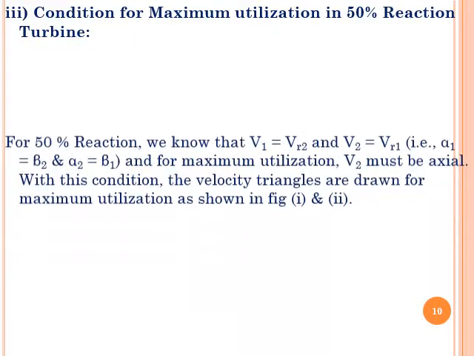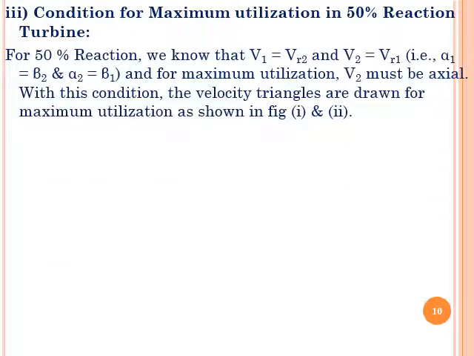Third one, the condition for maximum utilization in a 50% reaction turbine. For 50% reaction, we know that V1 is equal to VR2 and V2 is equal to VR1. So these are the conditions for a 50% reaction turbine. That means alpha 1 is equal to beta 2 and alpha 2 is equal to beta 1.